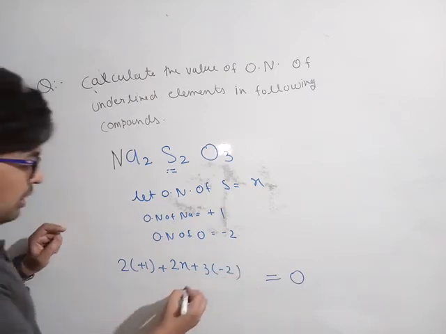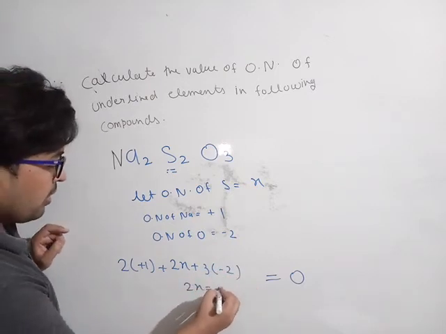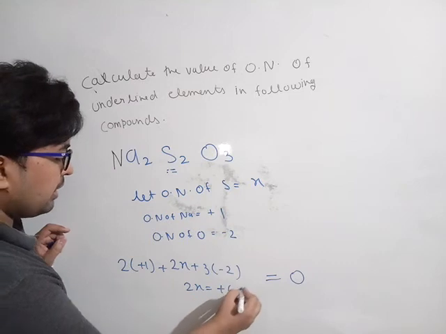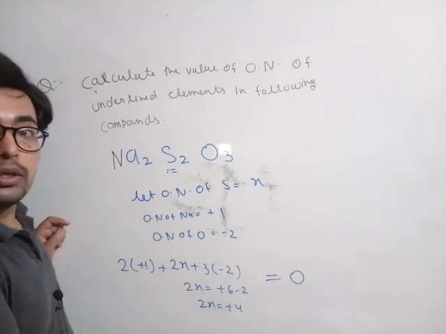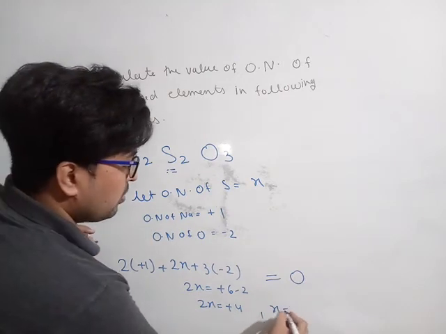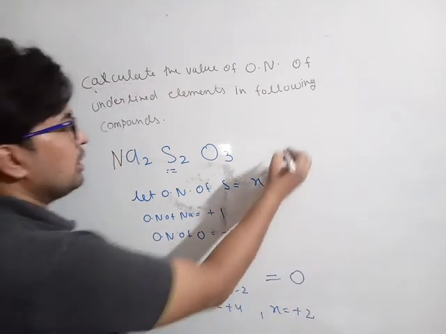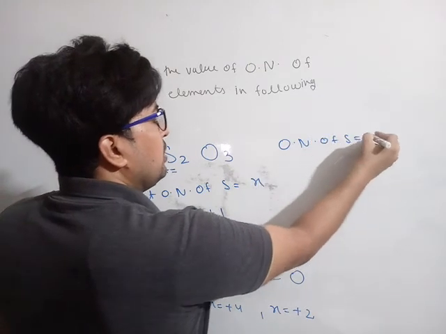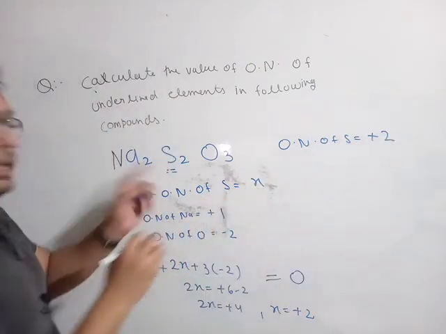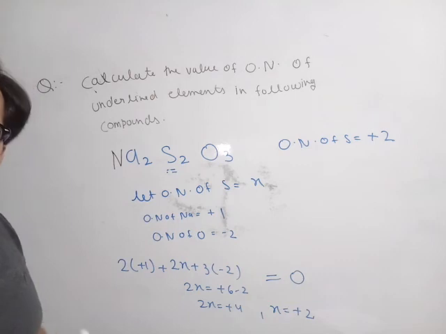So 2x is equal to +6 -2, so 2x will be equal to +4, and x will be equal to +2. So the oxidation number of sulfur is +2. Is it clear?